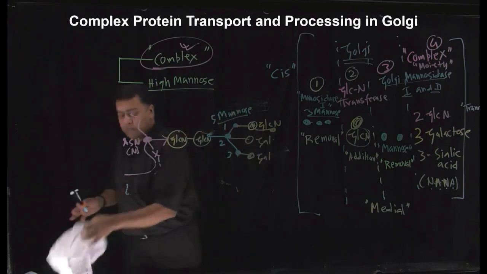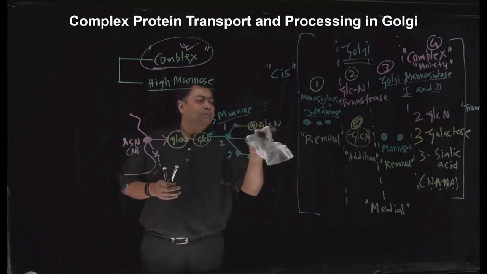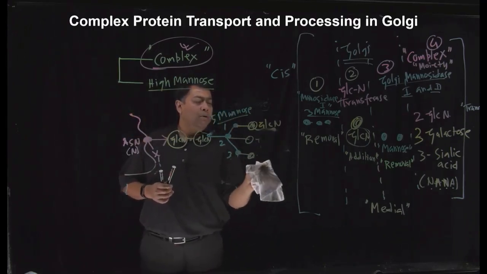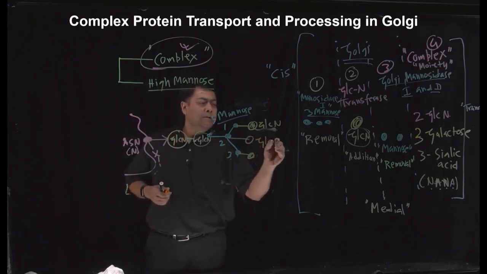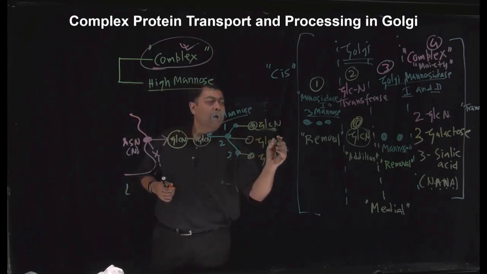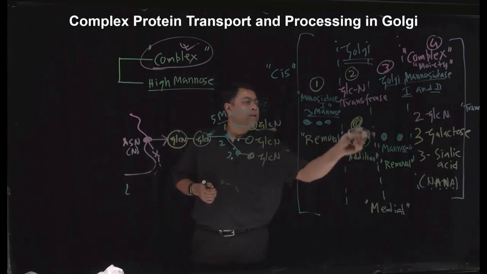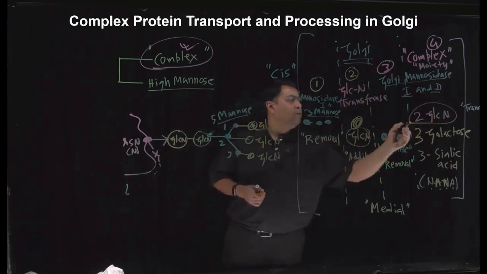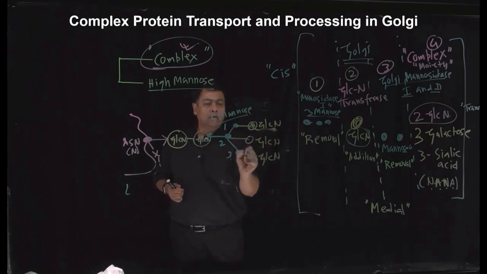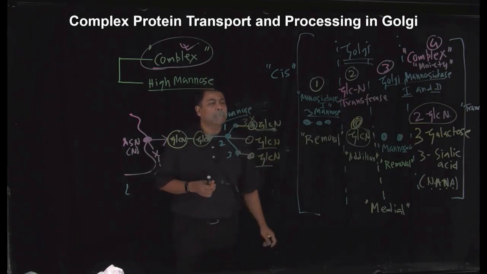Sorry, no, hold on 1 second. In this step, you are going to add another 2 GlcNAc here. You have added 1 N-acetylglucosamine before the medial Golgi, and you have added 2 of them which were empty. These 2 were empty, so you have 3 GlcNAc.